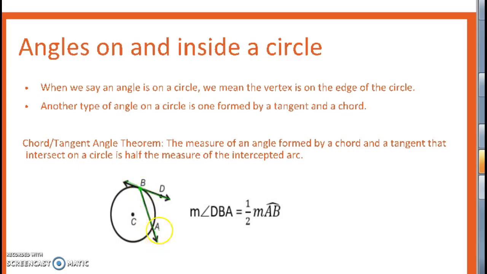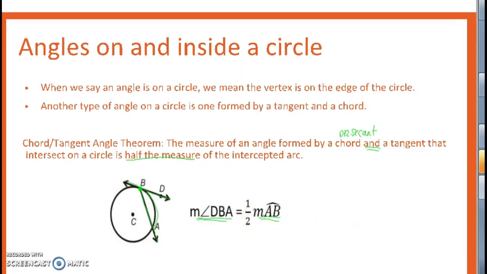But our chord tangent angle theorem says the measure of an angle formed by a chord or secant and a tangent that intersect on a circle at point B here, the measure of that is half the measure of the intercepted arc from B to A. So our angle measure is half the measure of the arc that it intercepts.